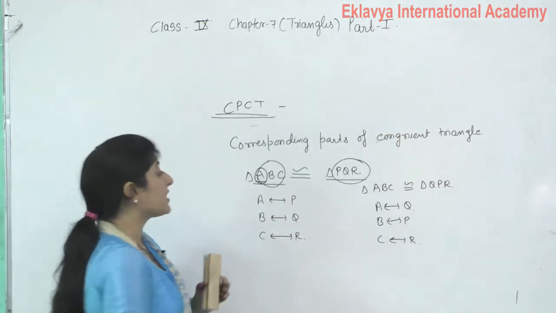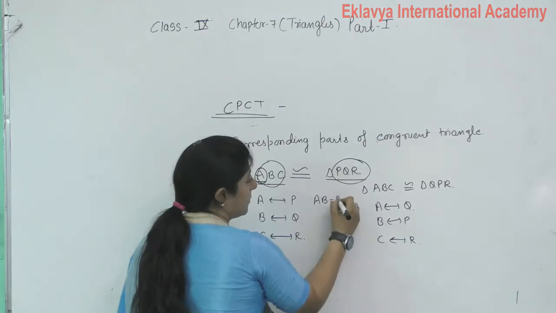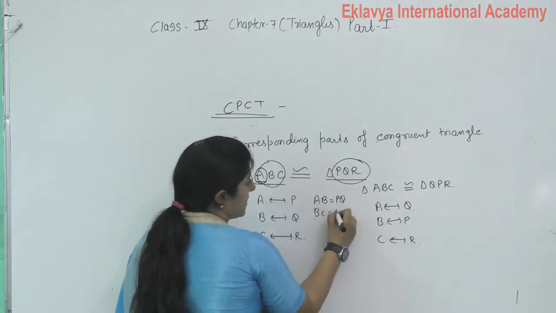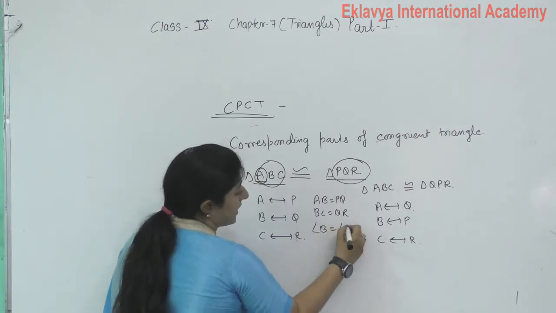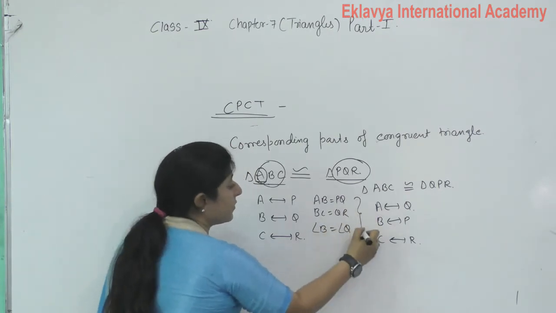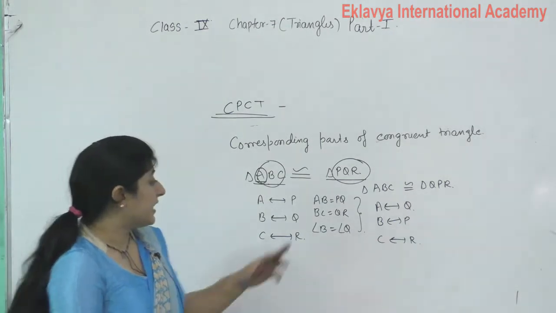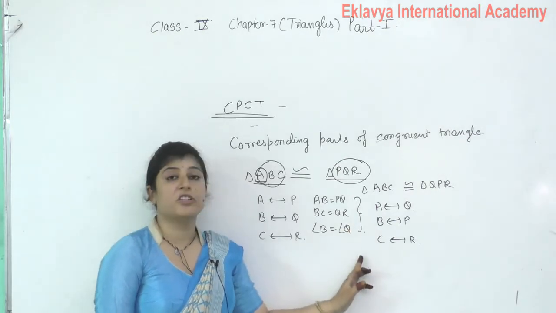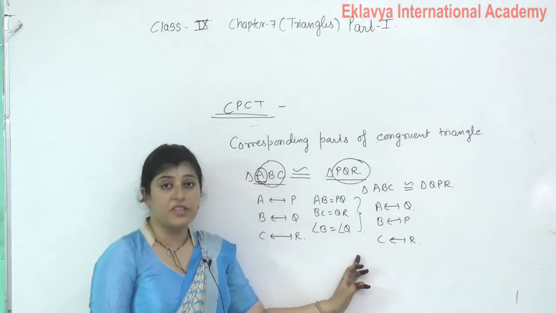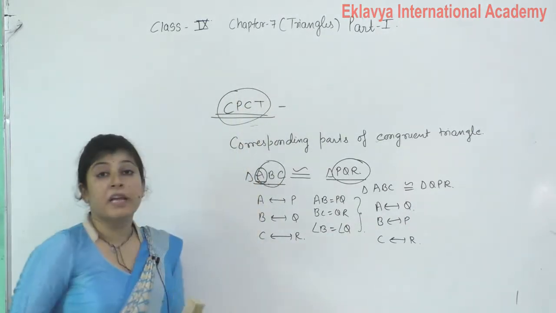CPCT means suppose it is given to you any 3 parts: AB is equal to PQ, BC is equal to QR, angle B is equal to angle Q. It is given to you that these 3 elements of one triangle are equal to 3 elements of another triangle respectively. Then what is the meaning of CPCT here?